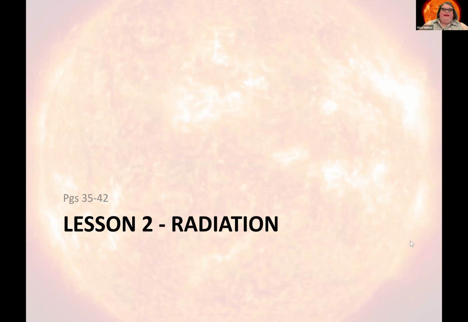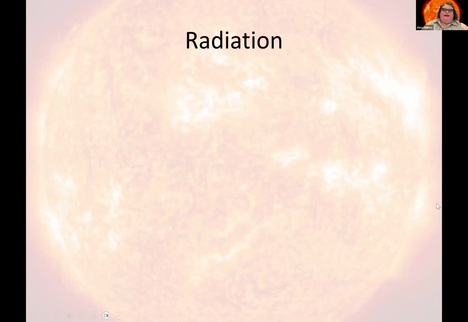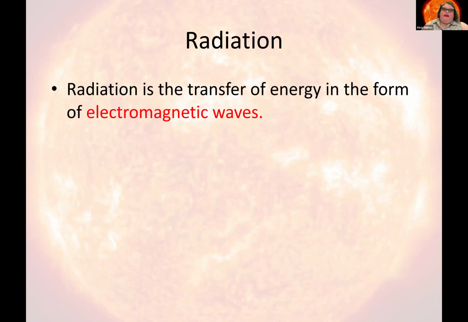So, first, let's talk about what radiation actually is. Radiation is the transfer of energy in the form of electromagnetic waves. So, you have a particle of air and a particle of anything, and that particle is wiggling around. Remember, last lesson, the wiggling causes temperature.